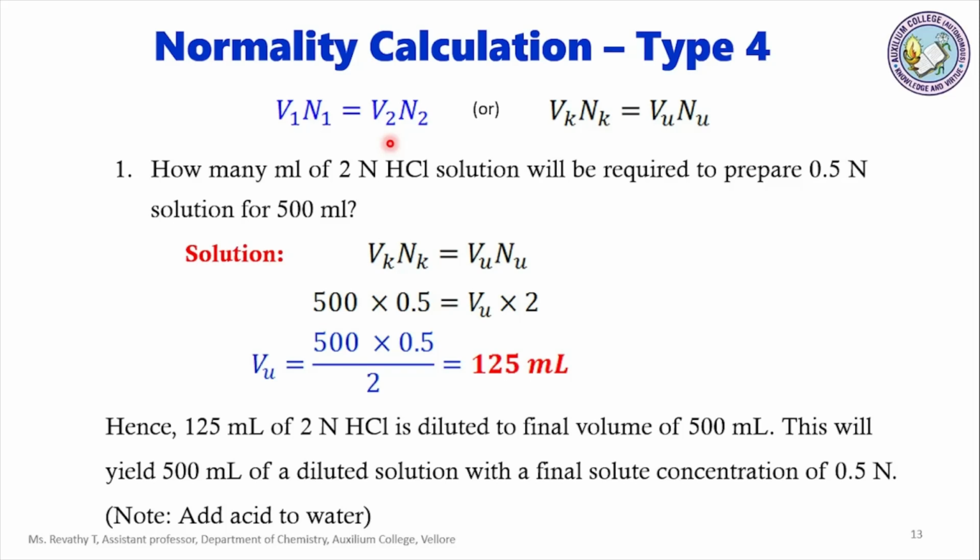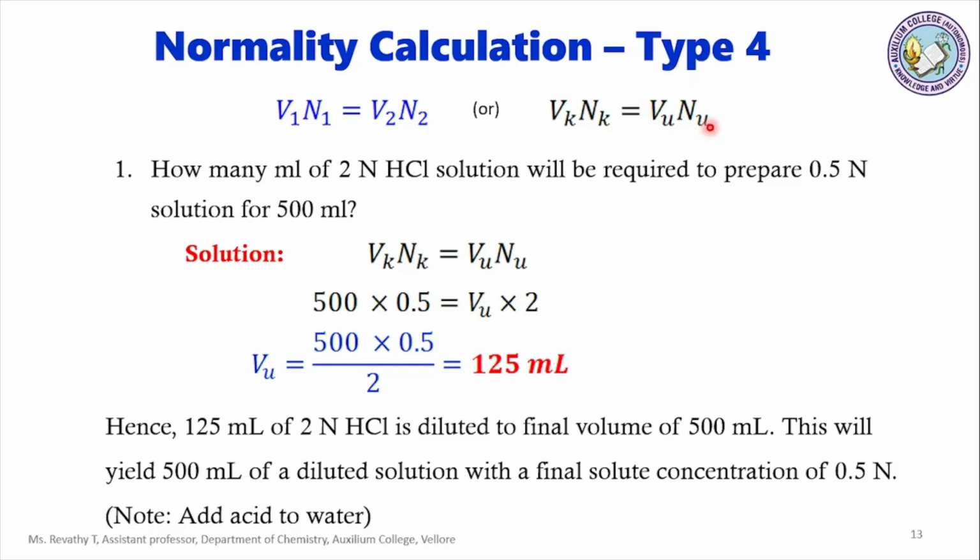If you are confused about what is N1, V1, V2, N2, etc., you can rewrite it as VKNK is equal to VUNU. VKNK are the volume and normality of the solution to be prepared, and VUNU are the volume and normality of the solute.